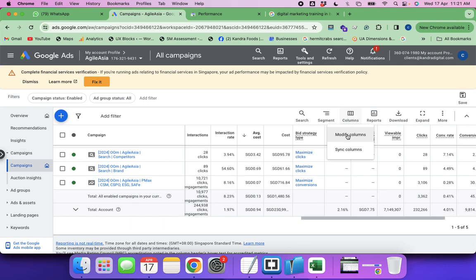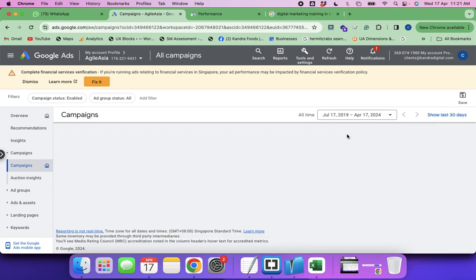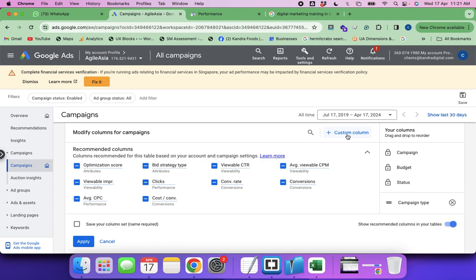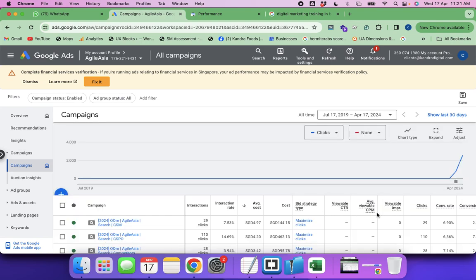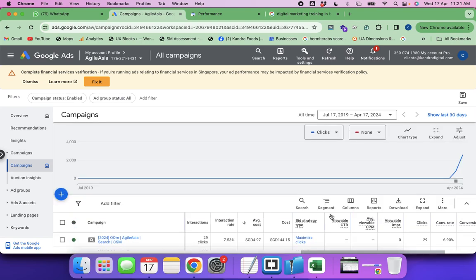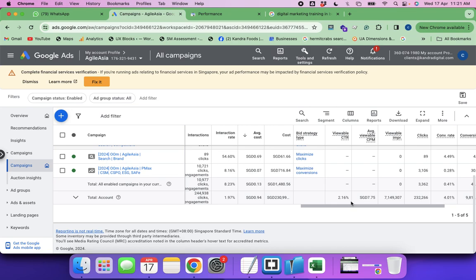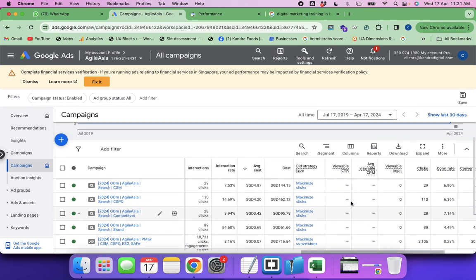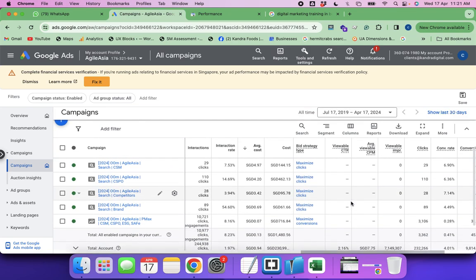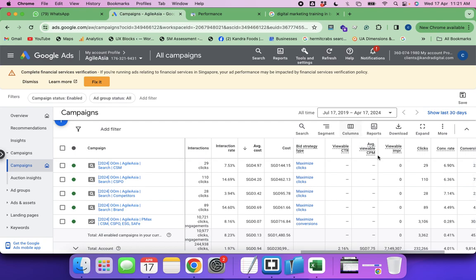Okay, modify columns. So you can include or exclude some of these details in the columns. This account currently we are not working on, and hence I'm not touching anything here. But that's simple. You just have to select whatever is needed and click on apply, and these columns will change accordingly.